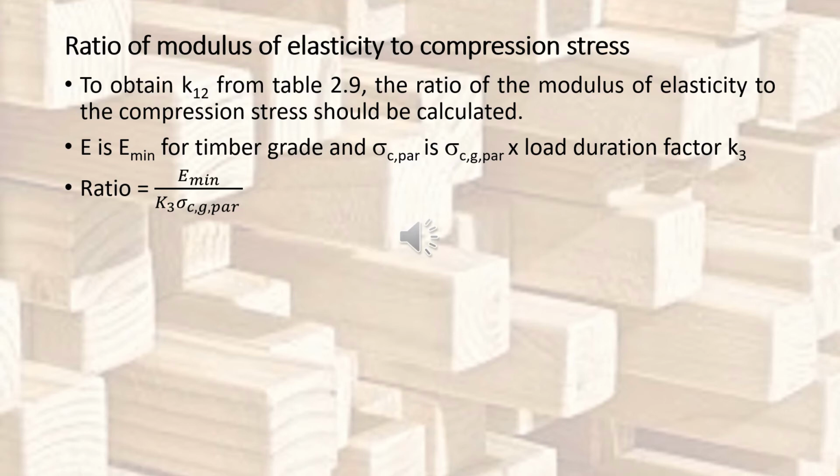Now, Young's modulus is taken as the minimum value for timber grade, and the stress parallel to grain is multiplied by the load duration factor K3. Right? So the ratio is equal to E minimum over K3 times the stress.